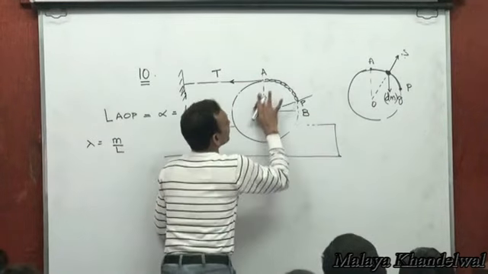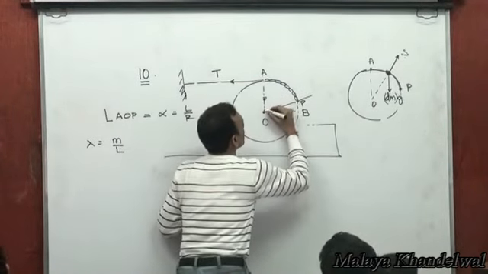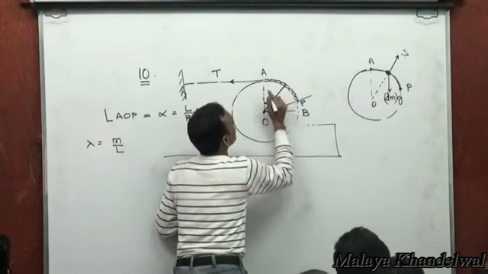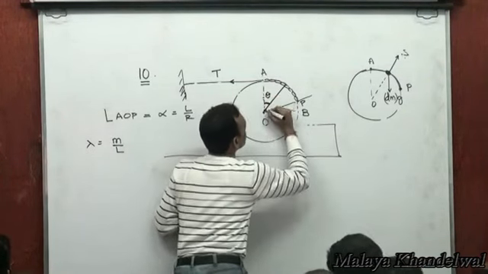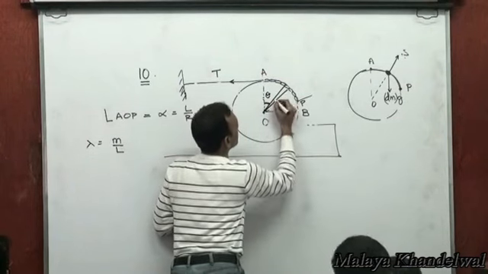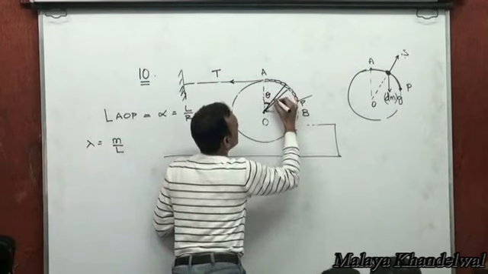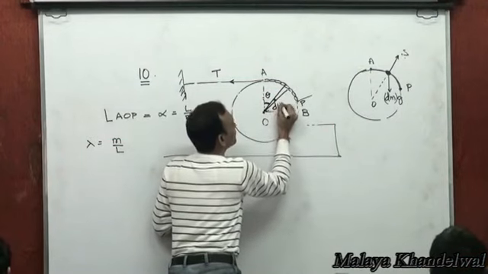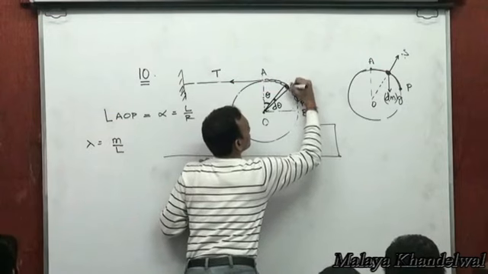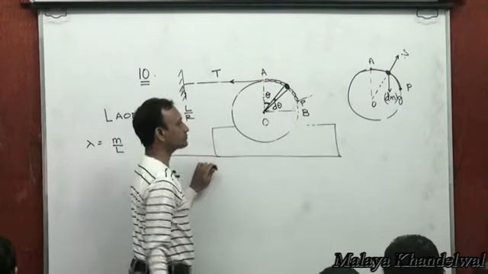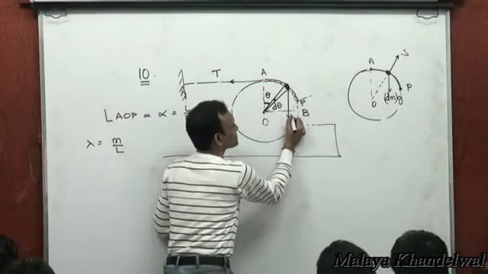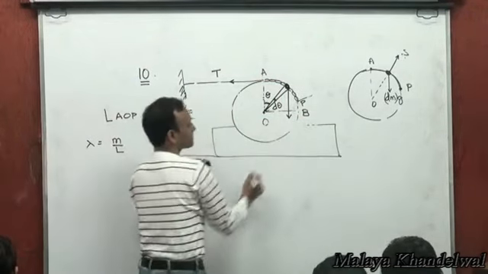Now, let me choose an element here, locate that element by theta, and the span of that element by d theta, this is the mass element, and then the weight of that element passes through this, right?